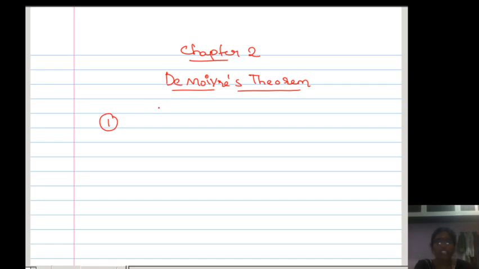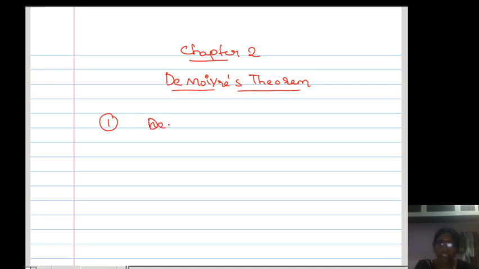You know the nth roots of real numbers, but do you know the nth root of a complex number? That I can find by using the De Moivre's theorem concept, and the roots of unity also we can find. So first of all I want to discuss De Moivre's theorem in this chapter.